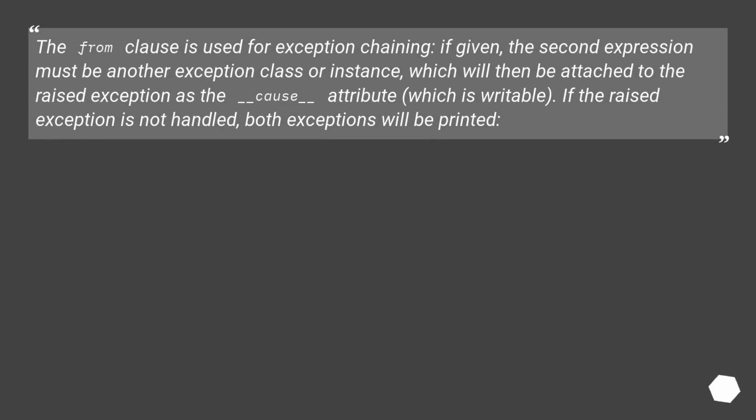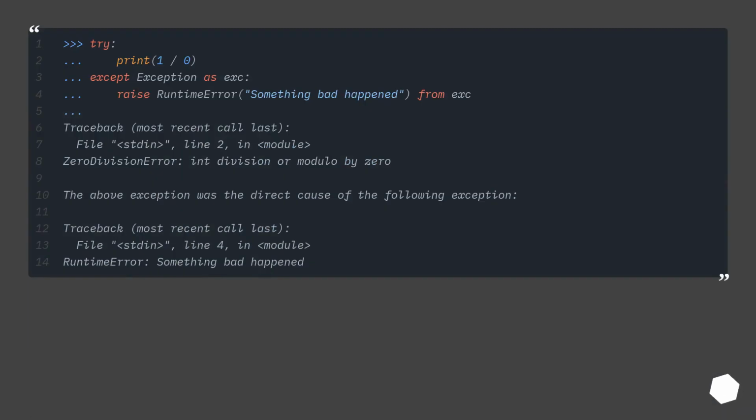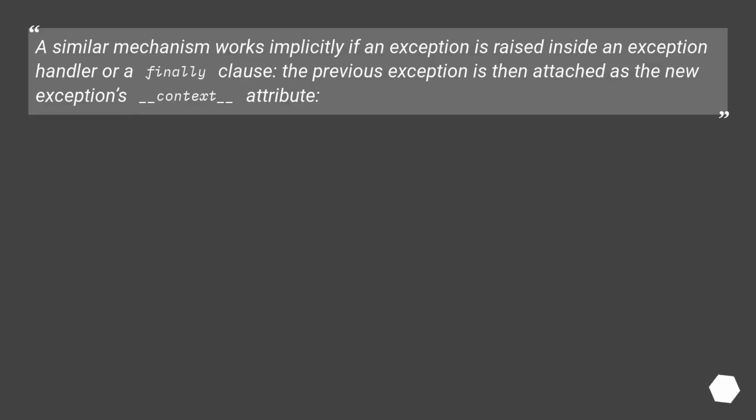The from clause is used for exception chaining. If given, the second expression must be another exception class or instance, which will then be attached to the raised exception as the __cause__ attribute, which is writable. If the raised exception is not handled, both exceptions will be printed. A similar mechanism works implicitly if an exception is raised inside an exception handler or a finally clause.